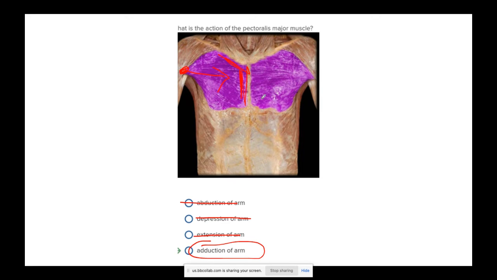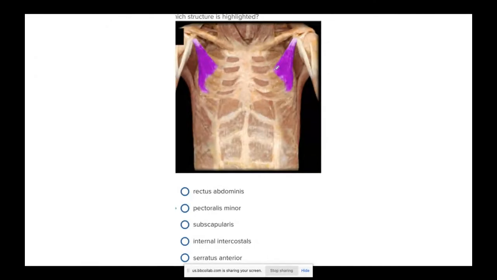Now, deep to pec major is where pec minor is. So pec minor is going to go from ribs 3, 4, and 5 to the coracoid process. Okay, so what's highlighted here? Well, it can't be the rectus abdominis, right? That's over here. Can't be pec major. That's superficial and it's large. Whoop, I'm sorry. I didn't see that.